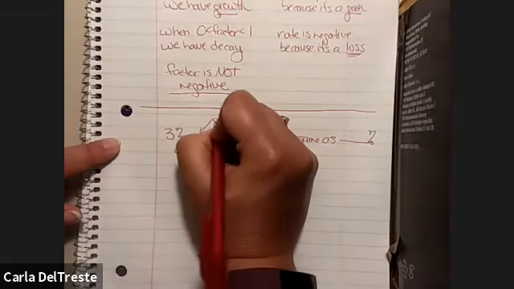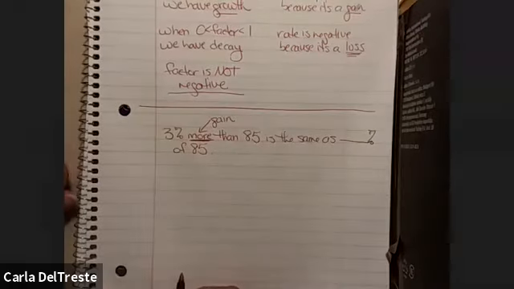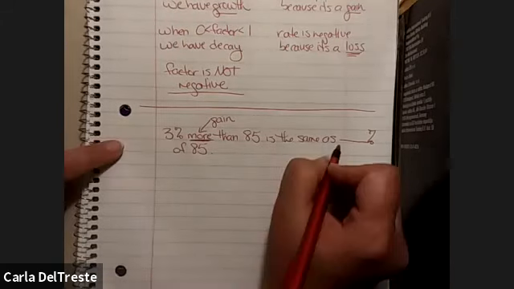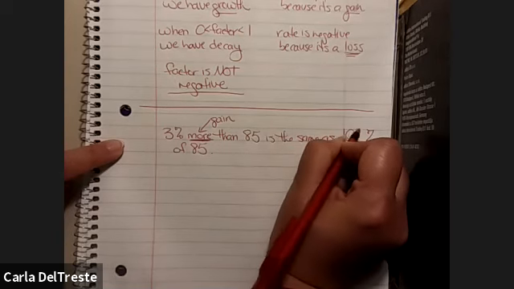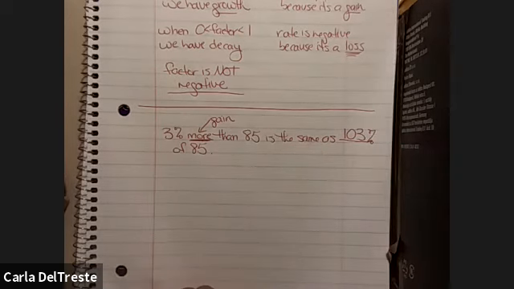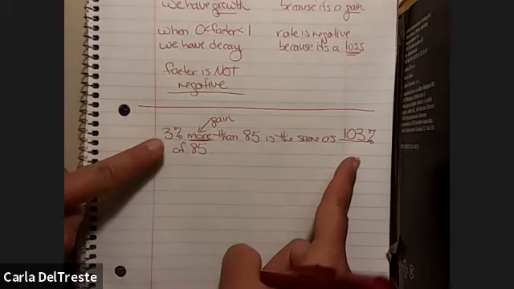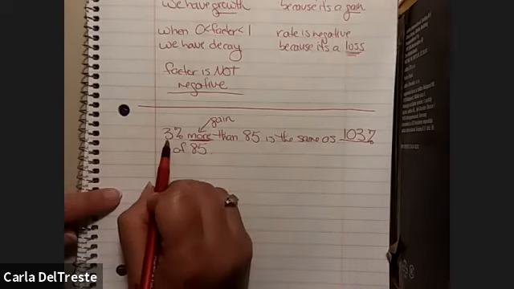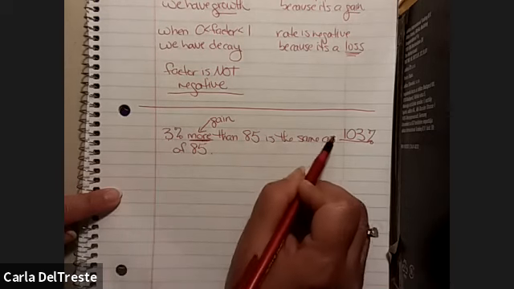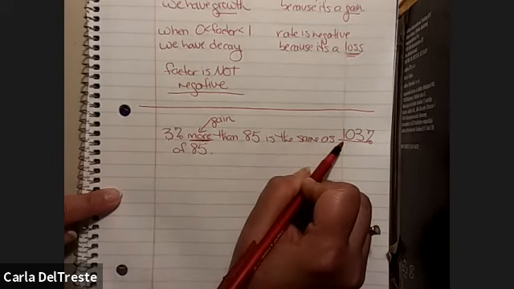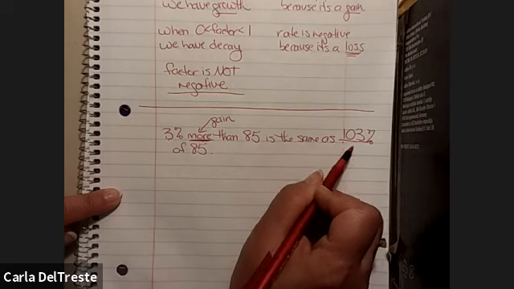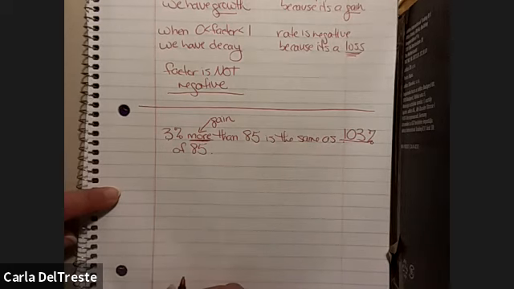This is indicating a gain, which means we've added it on to 100%. So this would be the same as 103% of 85. Okay, just getting you to think about the difference between what the change is versus what you are keeping. So that means we now have 103% of the total.